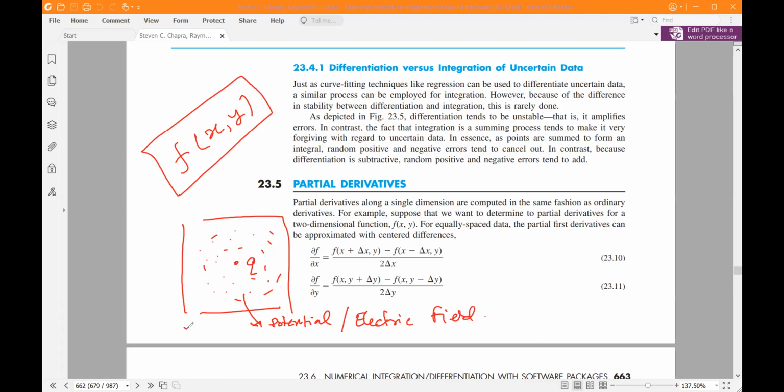If this is a two-dimensional region, this is your X, this is your Y, and you want to calculate the potential at any point here or there, your potential will be a function of X and Y. Similarly, your electric field E, is it a vector or a scalar? Vector, exactly. And that vector will also be a function of X, Y.